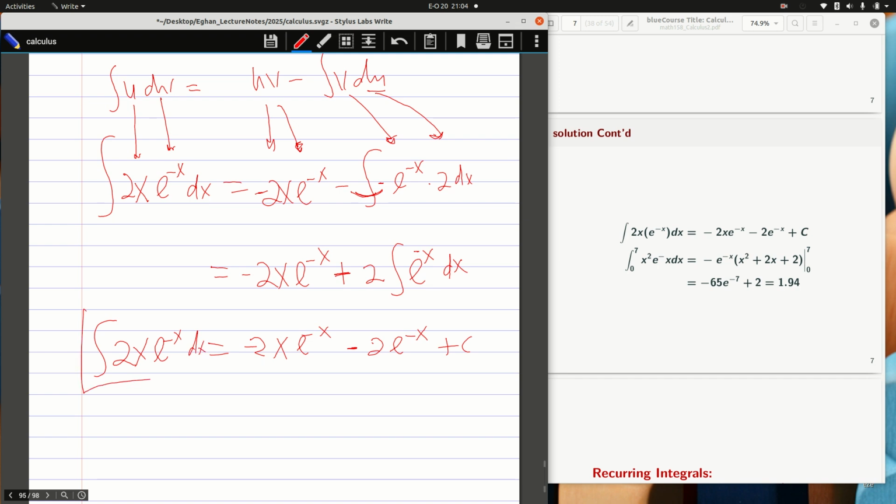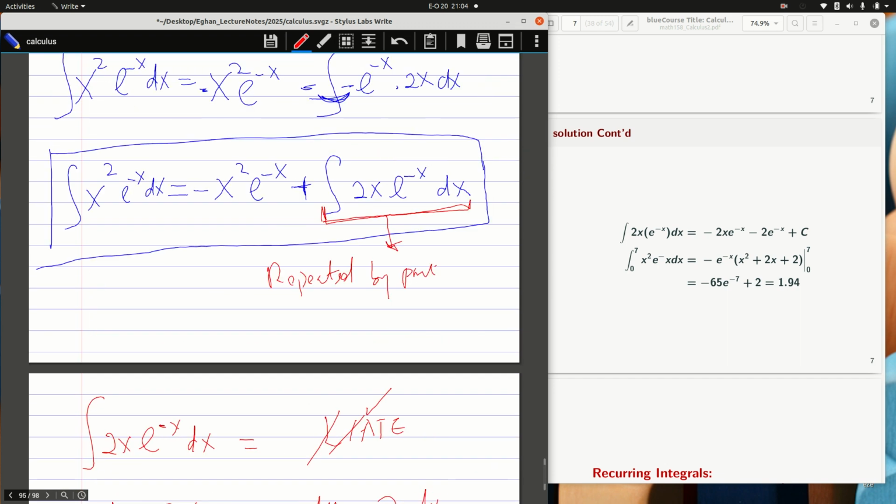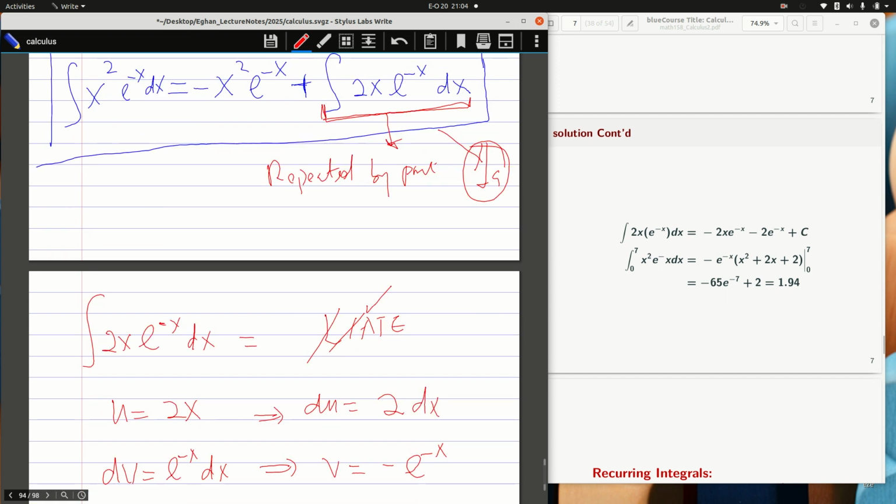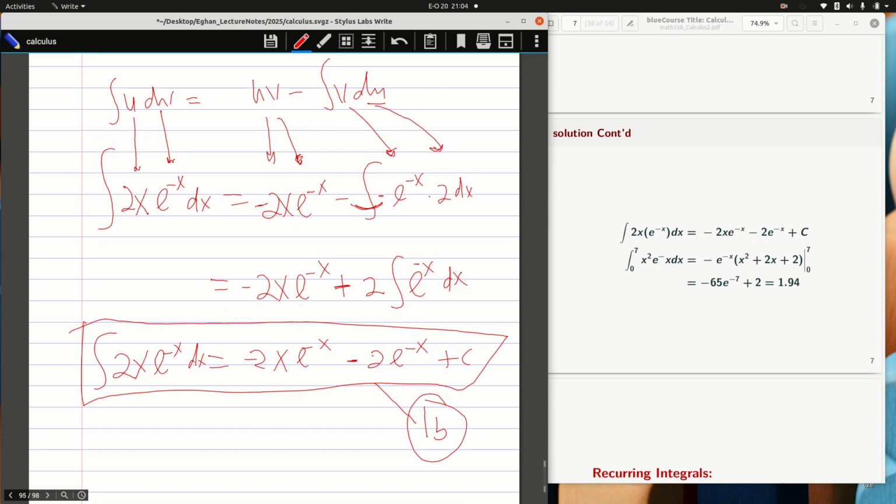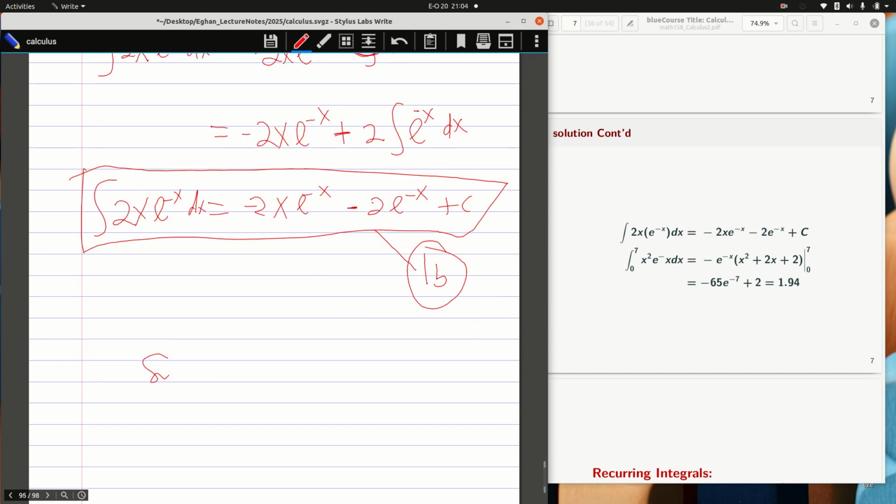I want to label that as equation 1b, and then here is going to be my 1a. So I have to substitute 1b into 1a. Okay, and then that is what you do.